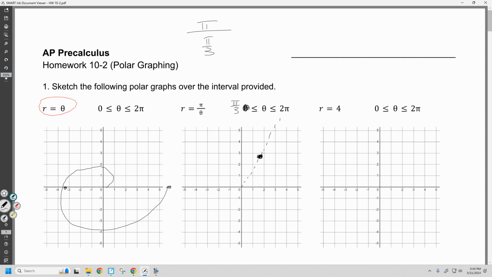But for this page, you can maybe think about plugging in pi over 2. Maybe you want to plug in one angle between pi over 2 and pi. You're definitely going to plug in pi. What do you get? You're going to plug in 3 pi over 2. What do you get? Give it a shot.